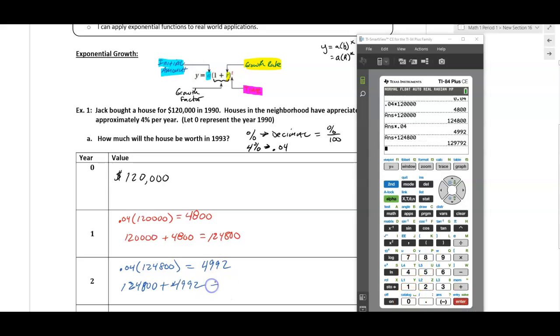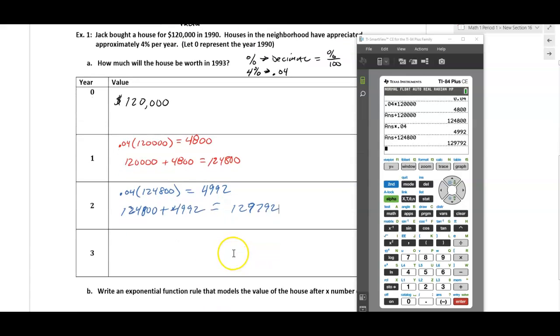And I get $129,792 is the new value. So now, after the third year, you have to understand that now the value is going to go up 4% from this value. So we're going to take 0.04 and multiply it by that new amount.